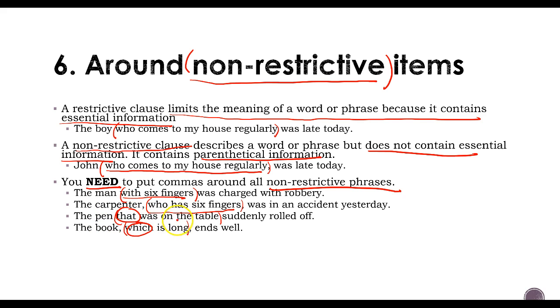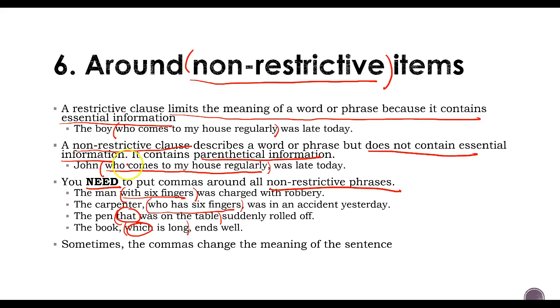The pen that was on the table suddenly rolled off. Since it's an essential part of the sentence, we use that, we don't put commas around it. The book, which is long, ends well. Since this is non-essential, we use which, and we put commas around it. So there's a nice side note to this lesson. The difference between that and which is that is for restrictive, which is for non-restrictive.